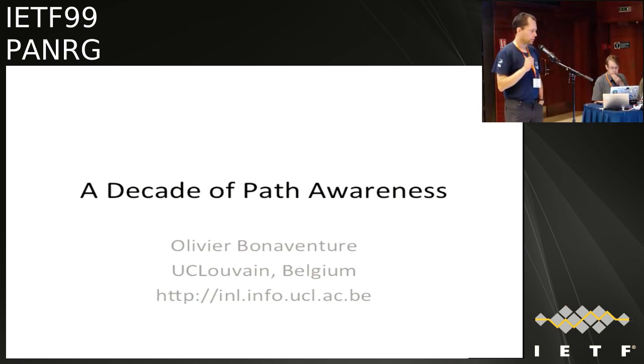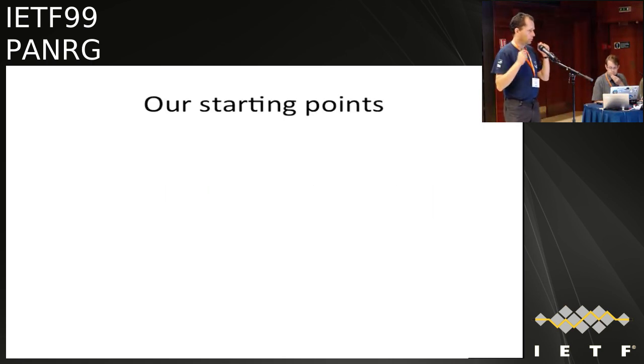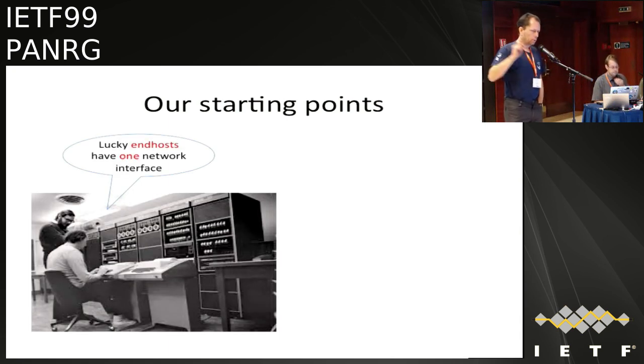To look at path awareness, I think it's important to remember the starting point of the internet. And our starting point is very simple. We started in the 1970s with end hosts, where people were very happy when they managed to connect one interface of the end host to the internet.